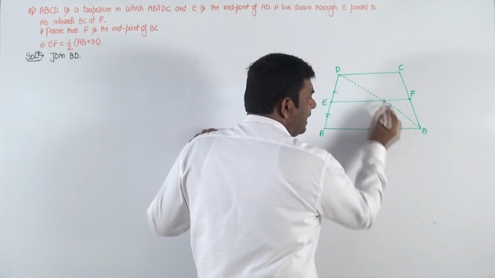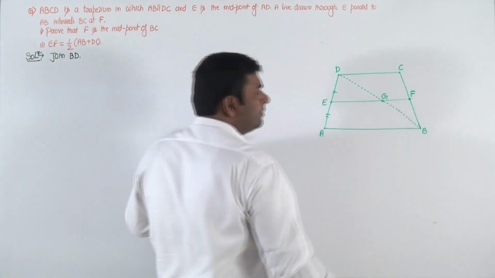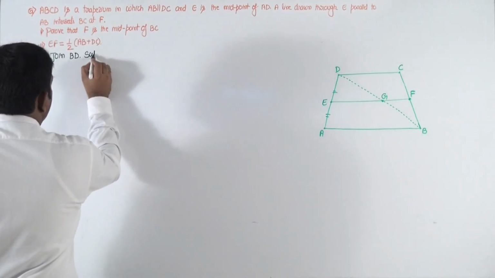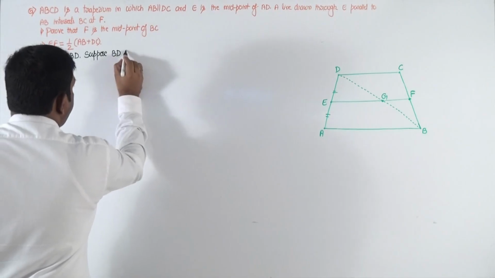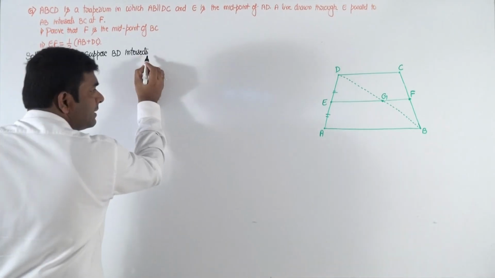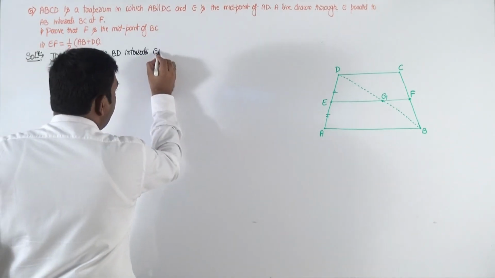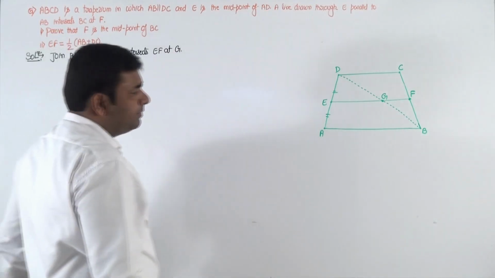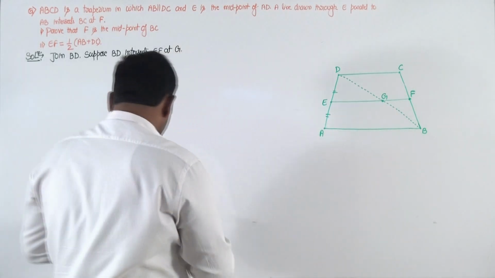Let BD, suppose BD intersects EF at point G. यहां G का यहां पे इंटरसेक्ट कर रहा है मान लो.